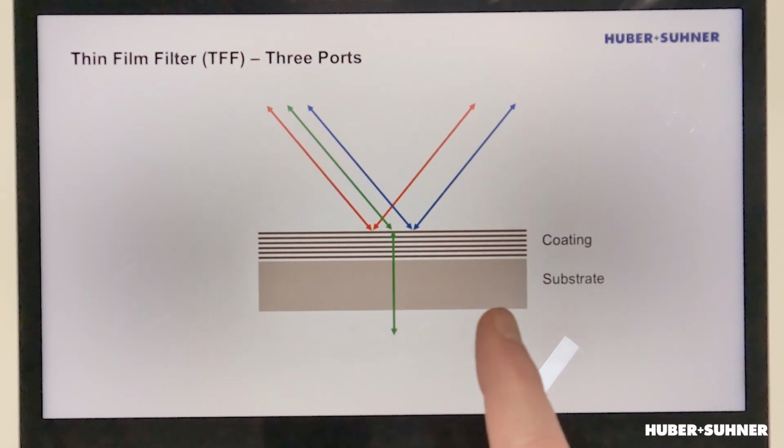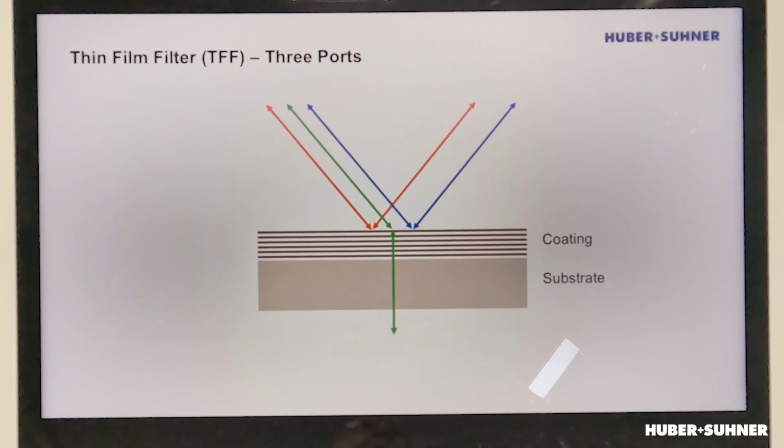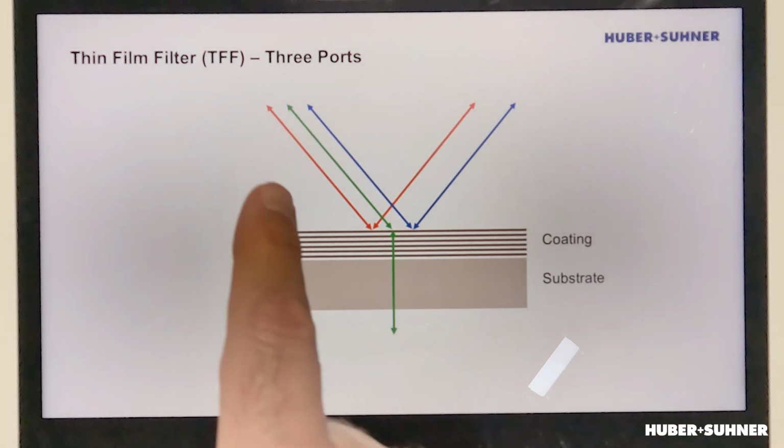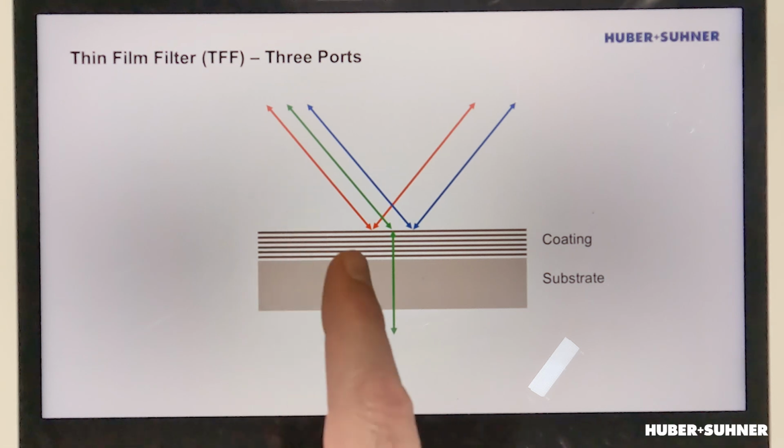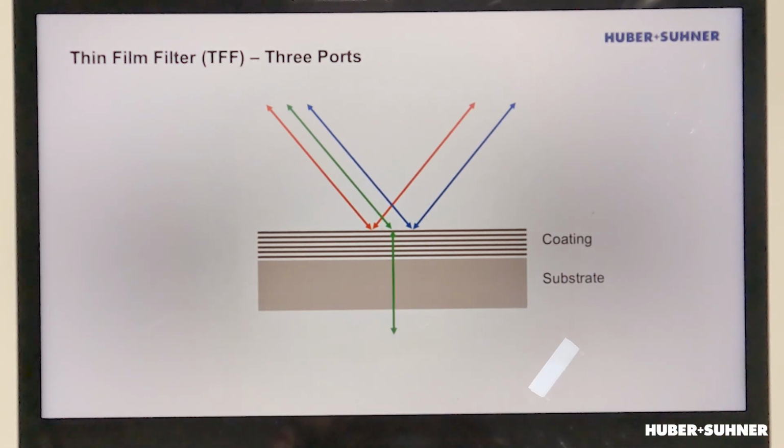Well, to start off, we've got this substrate, and that substrate can, for example, be a little glass cube of 1 cubic millimeter. And that substrate is then coated with multiple different layers of a dielectric film filter. And what then happens is that that combination is then reflective for all wavelengths except for exactly one.